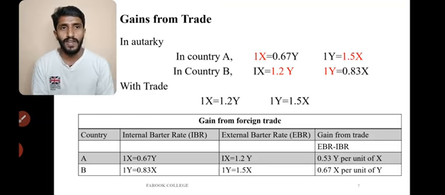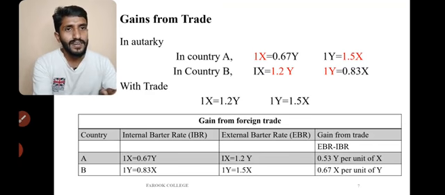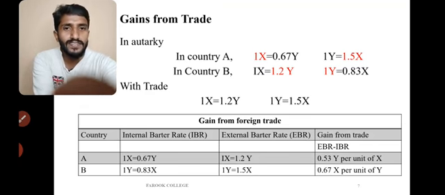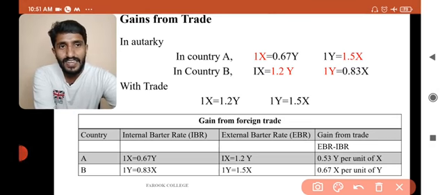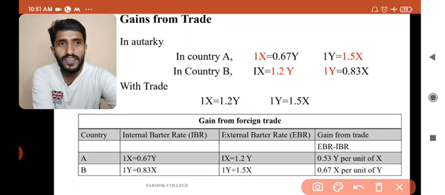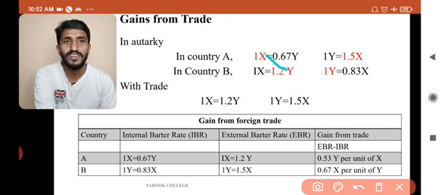But if the trade happens, there is a possibility of mutual gain. See, in country A, 1X was exchanged for 0.67Y, but instead it can be exchanged with another country B, then 1X can be exchanged for 1.2Y. Right? Both are gaining.